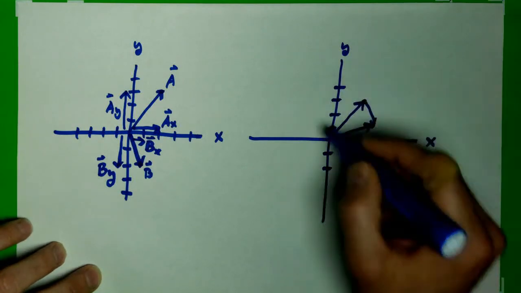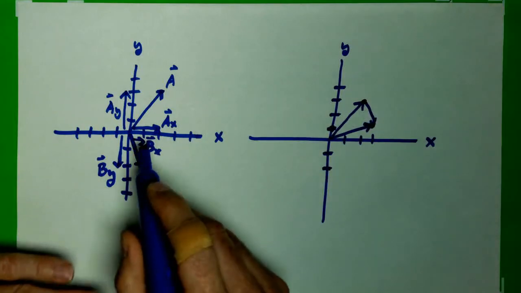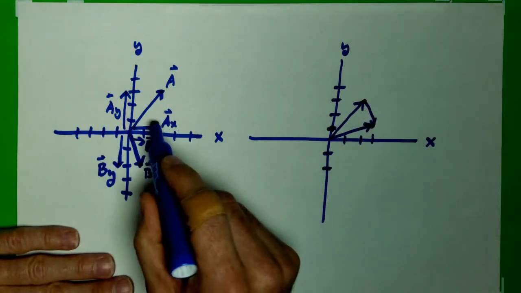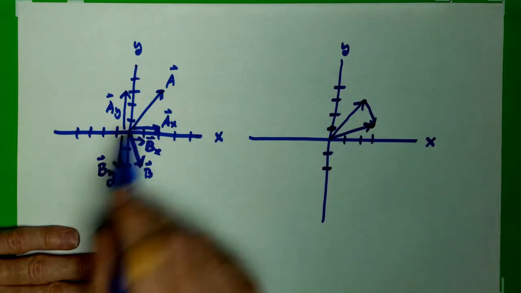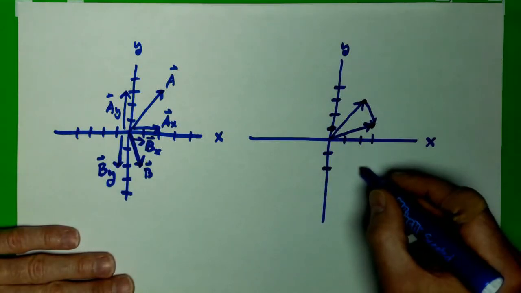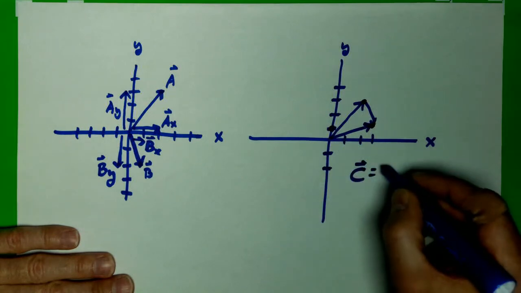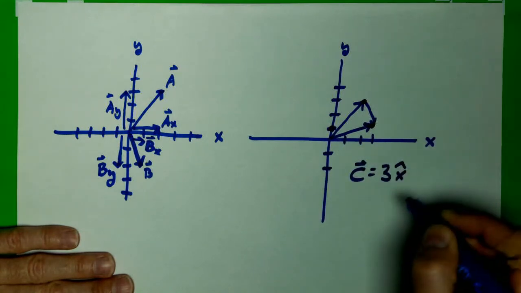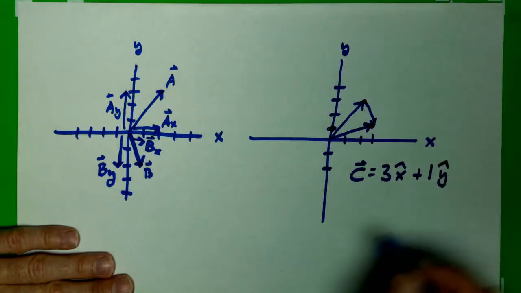And so it does the same as we saw graphically earlier, but what's more important here is this helps us to find the values of the components of the resultant vector. So here I could report then C is equal to 3 x hat plus 1 y hat.